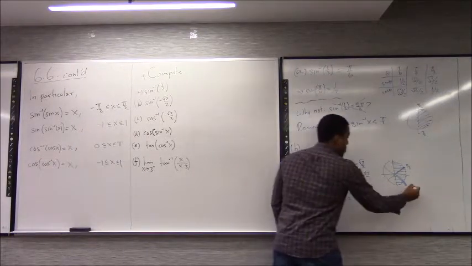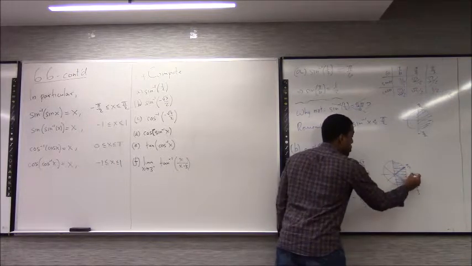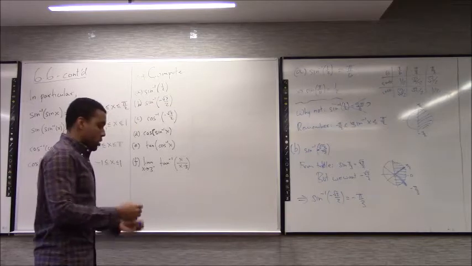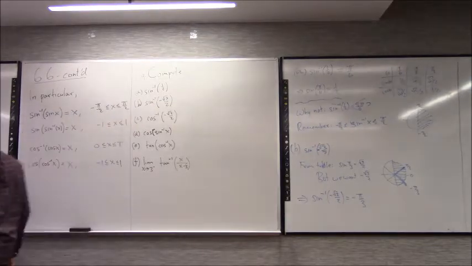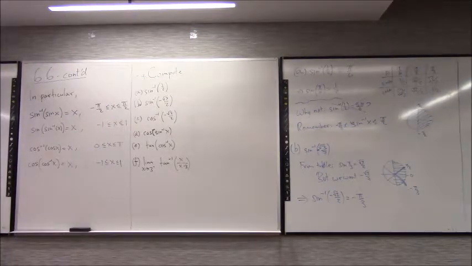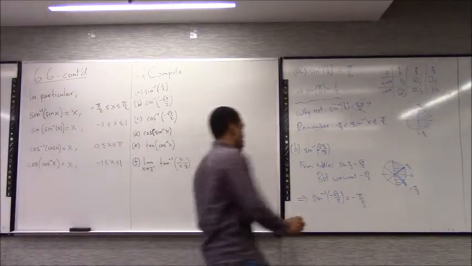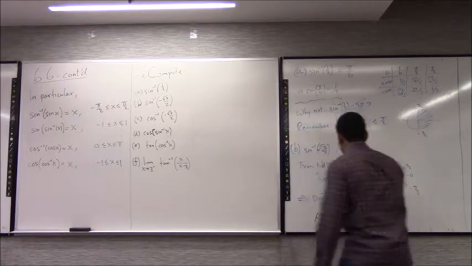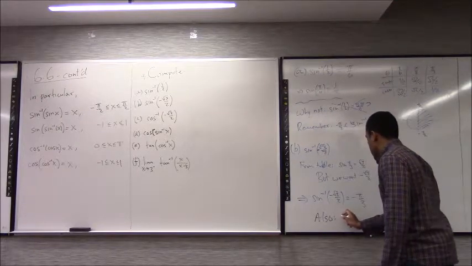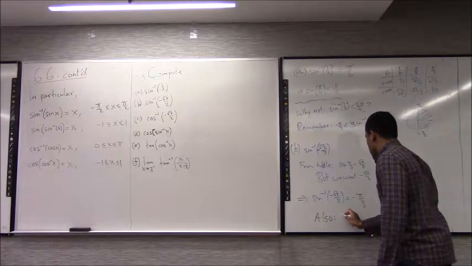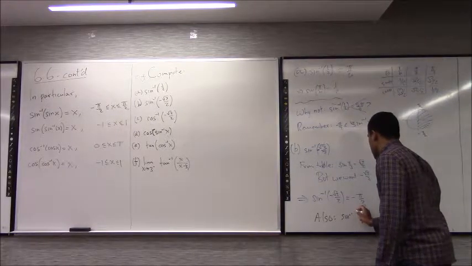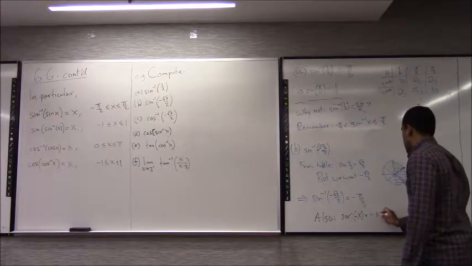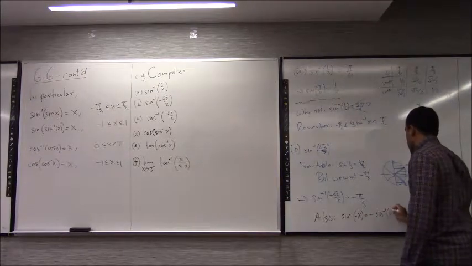Right, minus pi over 3. So essentially you start at 0 and you start counting negative. You can also take advantage of the fact that because sine is odd, this doesn't always work, but it works here. Whenever you're in the right range, you can remember that sine inverse of negative x is just minus sine inverse of x.